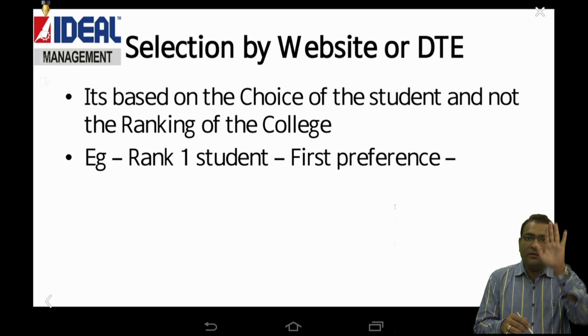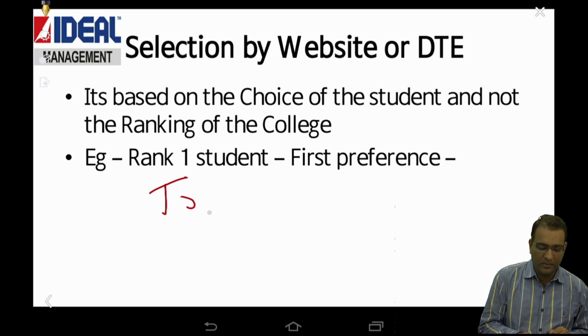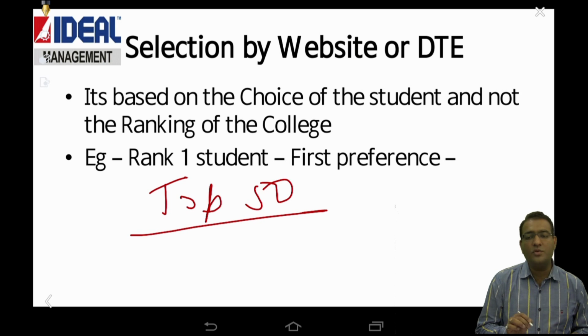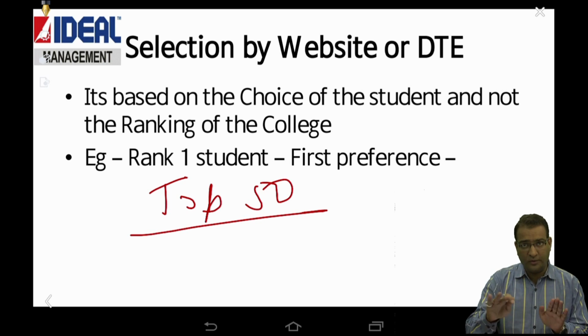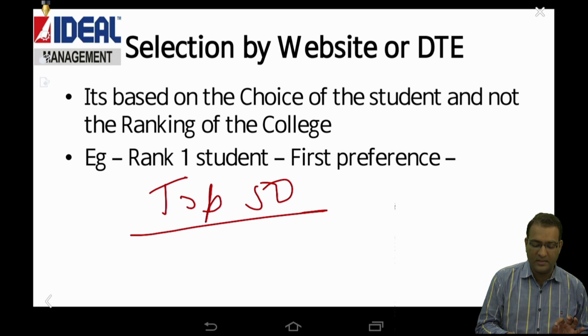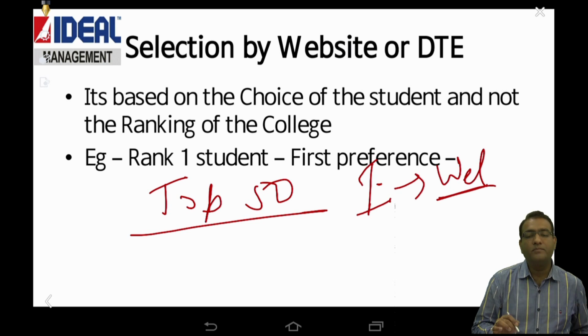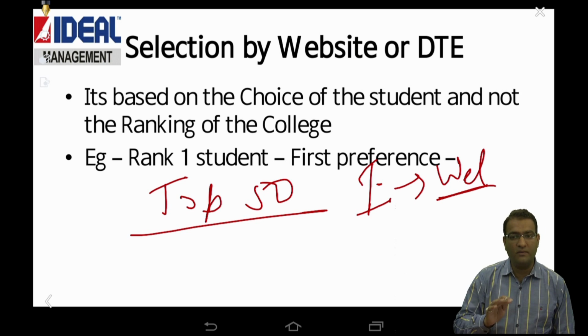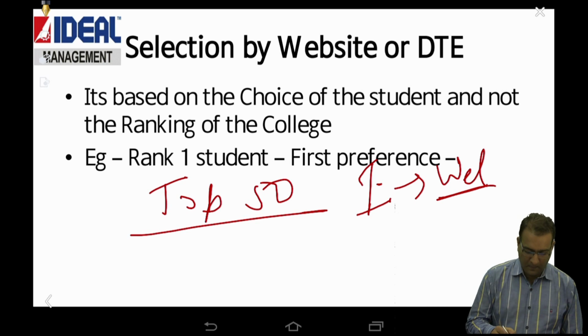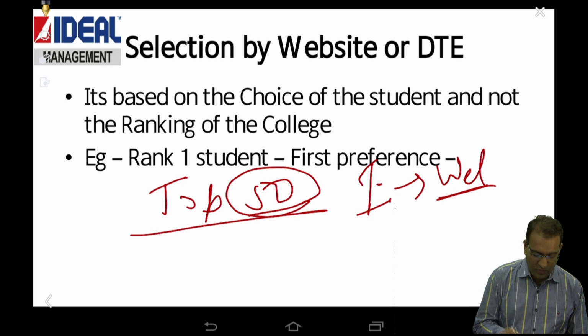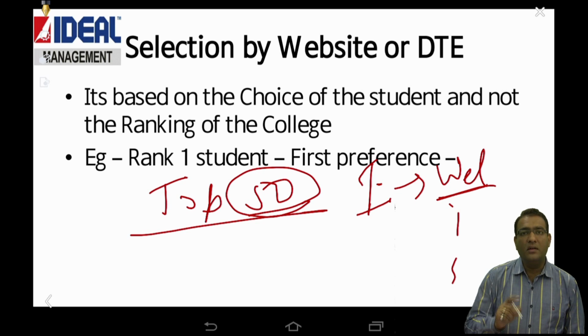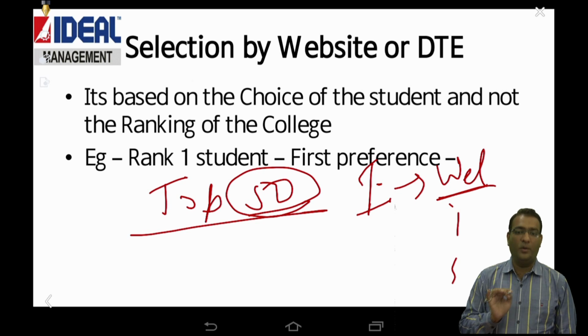Take for example, JB, where we are talking about 46-47 odd seats. Let's say the top 50 students each fill in the first preference as, let's say, Welingkar. So I've got 50 students filling Welingkar. What will the system do now?